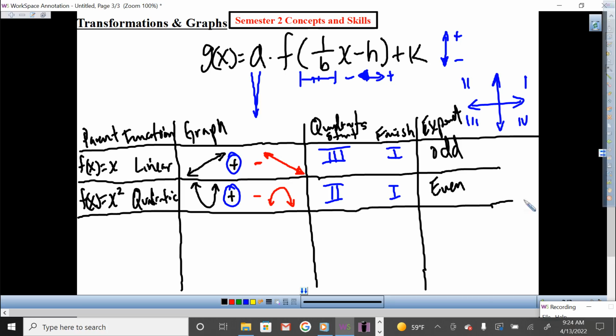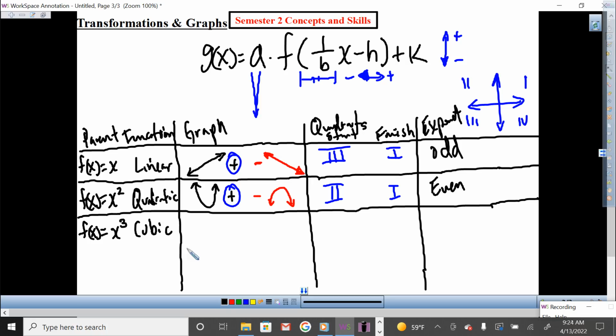Chantal, pass someone. Andres, f of x equals x to the exponent 3, which is a cubic. Thank you, Andres.